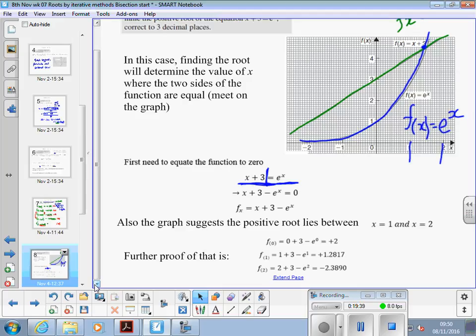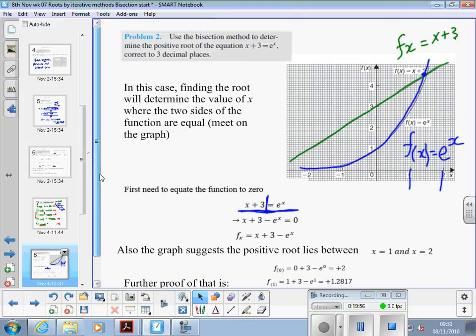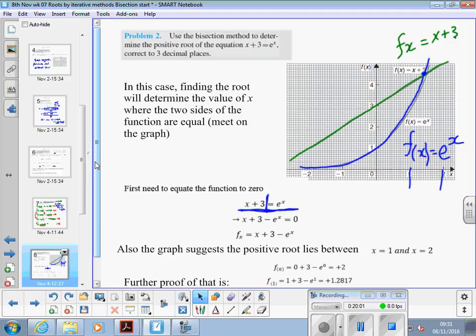When x is equal to 1, it equates to 1.2817. When it equals 2, it changes to negative. Therefore, we've got a root somewhere between 1 and 2. And we're going to try and find that using the iterative methods, to 3 decimal places.